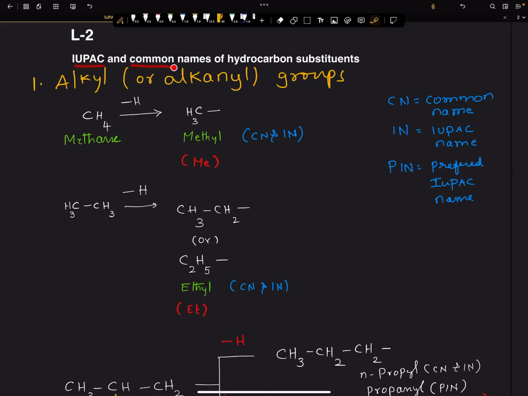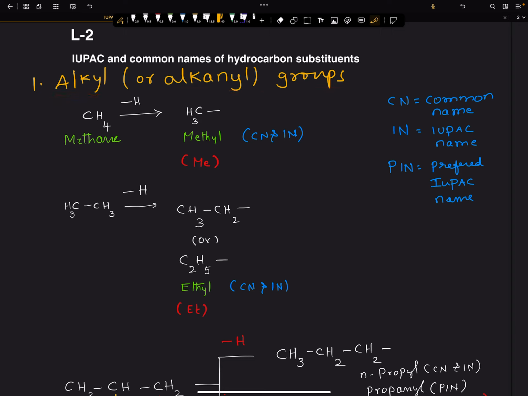IUPAC and common names of hydrocarbon substituents. These are the substituents derived from hydrocarbons by removing one or more hydrogens. Hydrocarbons contain only carbon and hydrogen: alkyl or alkenyl groups.